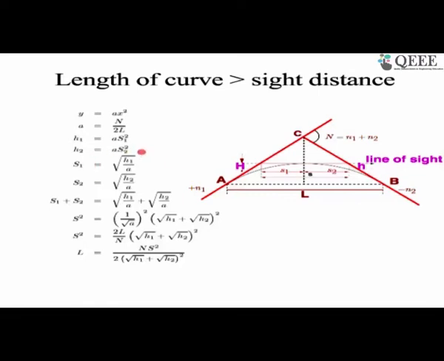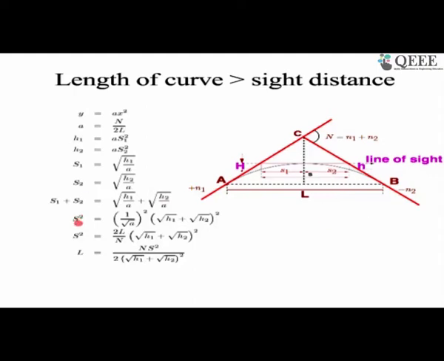Let's look into what s1 and s2 are. This is clearly written: s1 is root over h1 by a and s2 is equal to root over h2 by a. So the total of s1 and s2 is going to provide me the sight distance. So s1 plus s2, we are going to get this equation. Now this is equal to s.